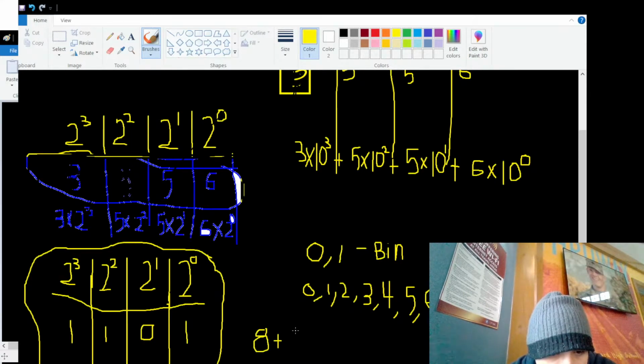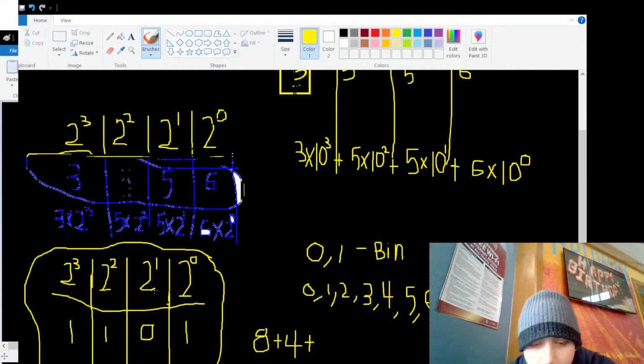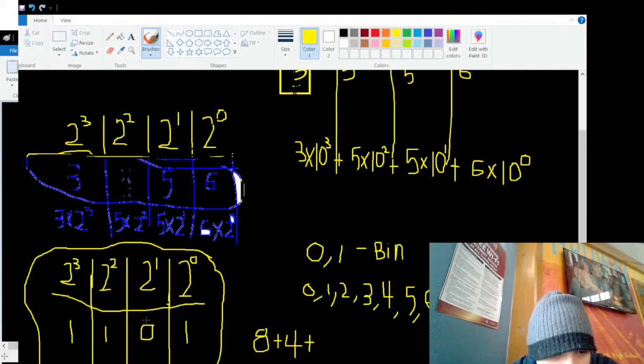It's 4. What's 0 times 2 to the 1? What is 2 to the 1? It's 2. If it's to the power 1, it's itself. But anything times 0 is 0. So this is 0.